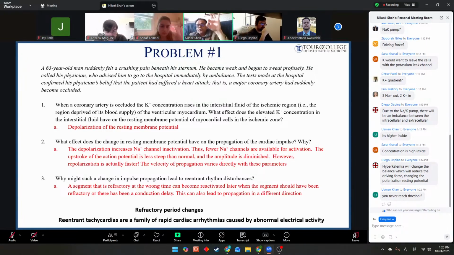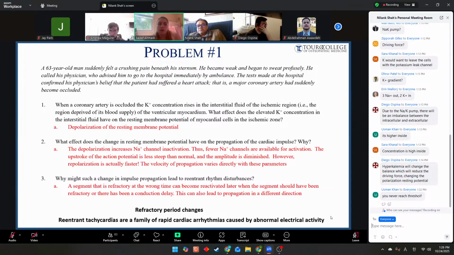Will phase 2 be shorter, longer, or the same? Is it repolarizing earlier? It will be shorter, with lower amplitude. The amplitude is lower, I told you, but what would happen to phase 2? Shorter. Why? Because we get less calcium entry. Why?